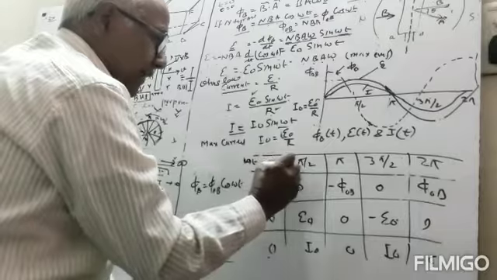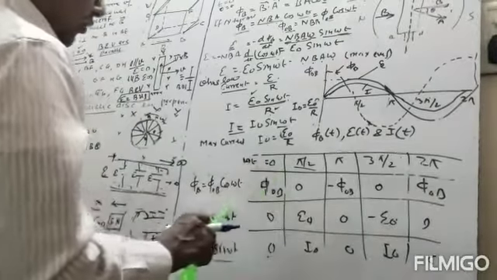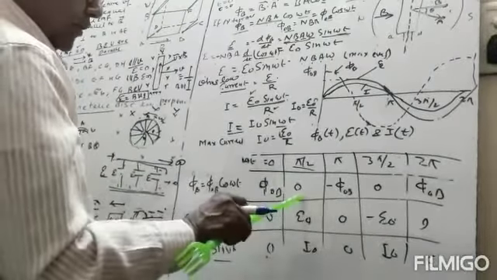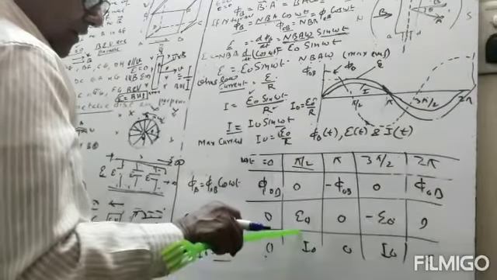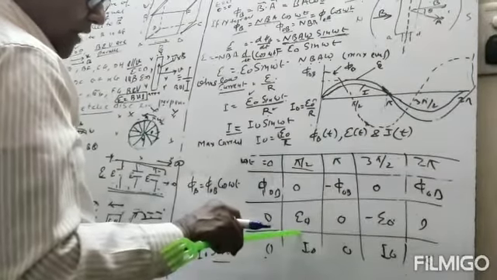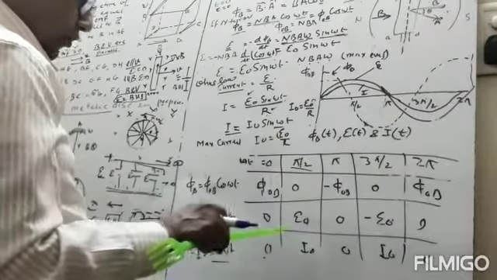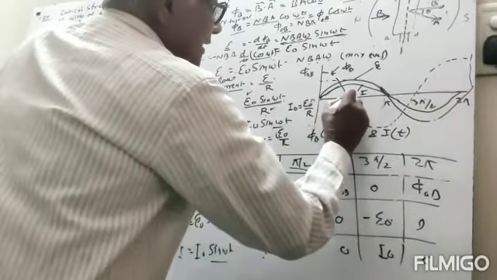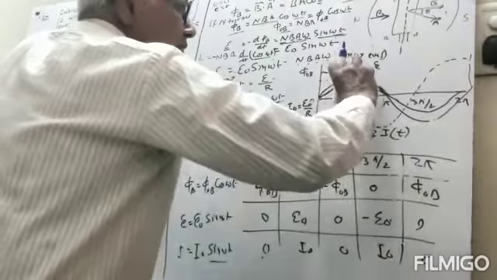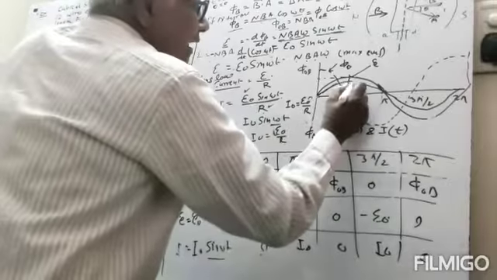When omega t is equal to pi by 2, cos pi by 2 is equal to 0. So flux will be equal to 0. Current will be maximum, I0, and EMF will also be maximum, because sin omega t is 1. So when it is 90 degrees, then EMF is maximum. This curve will represent EMF, the lower curve is current.